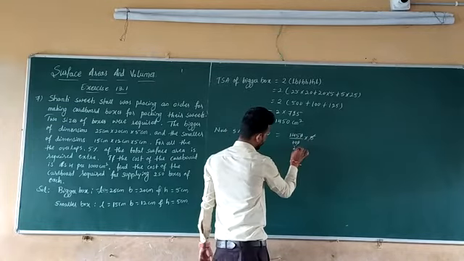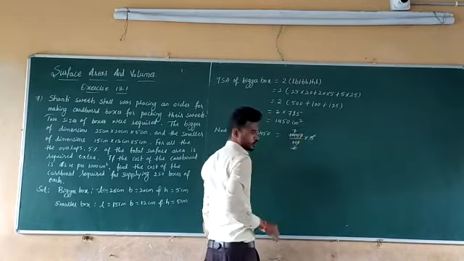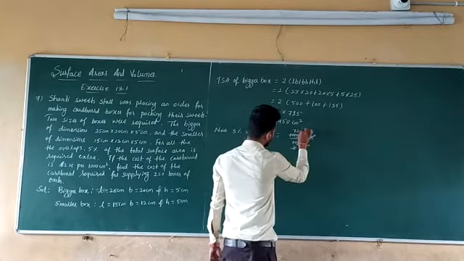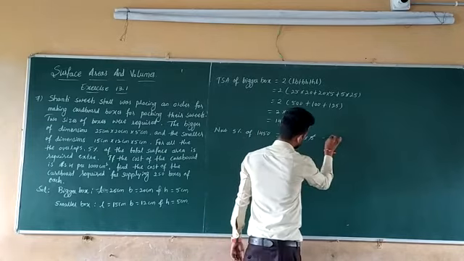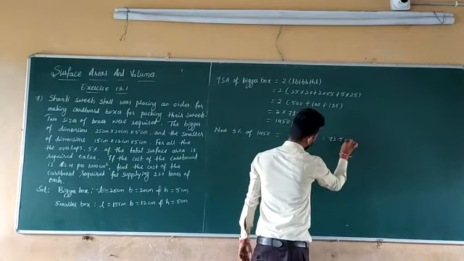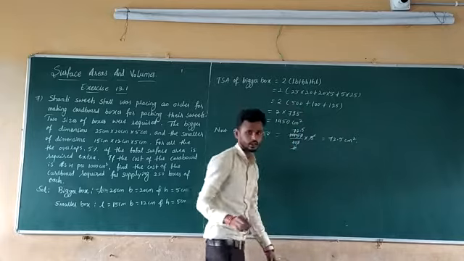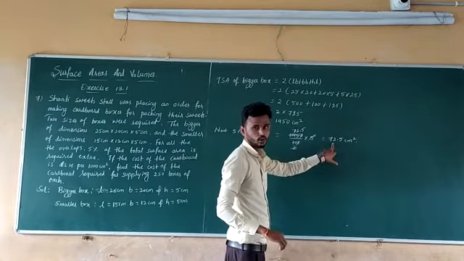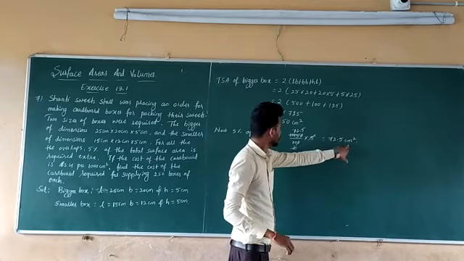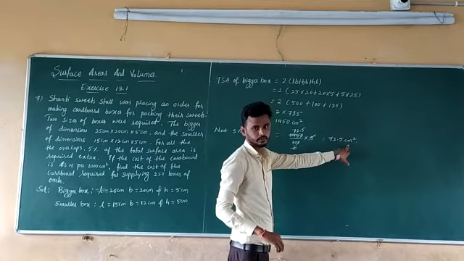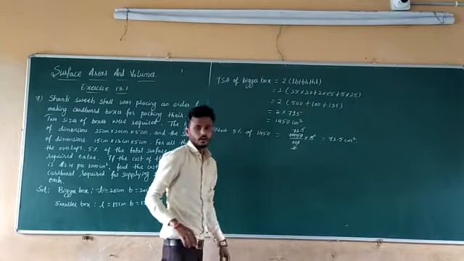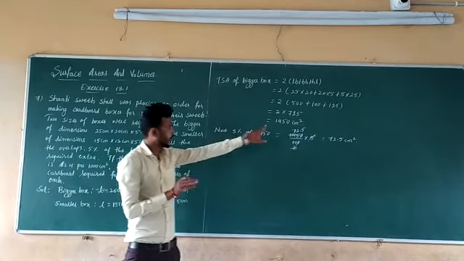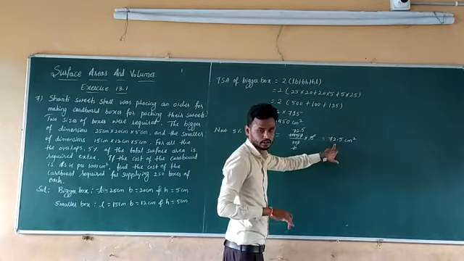So we get 72.5 centimeter square. That is 5% of 1450. So for making one box, the required cardboard sheet is TSA plus 5%.